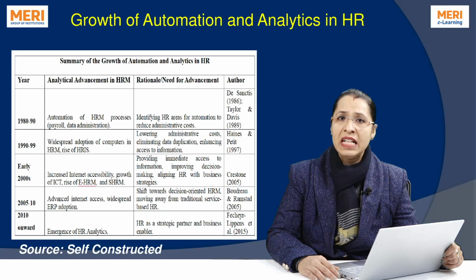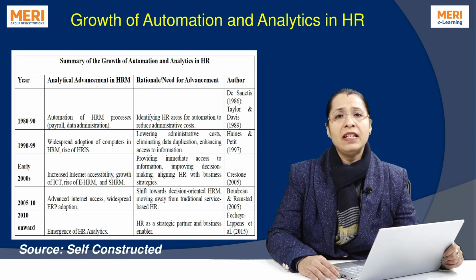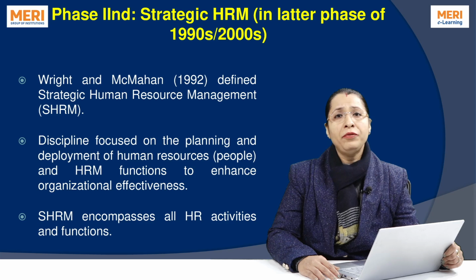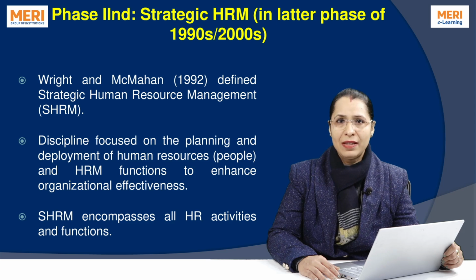In the early 1990s, Wright and McMahon in 1992 started it as a discipline of HRM that focused on the planning and deployment of human resources, people and HRM functions to enhance organizational effectiveness. Further, SHRM encompasses all HR activities and functions that contribute to business value and improve organizational efficiency.